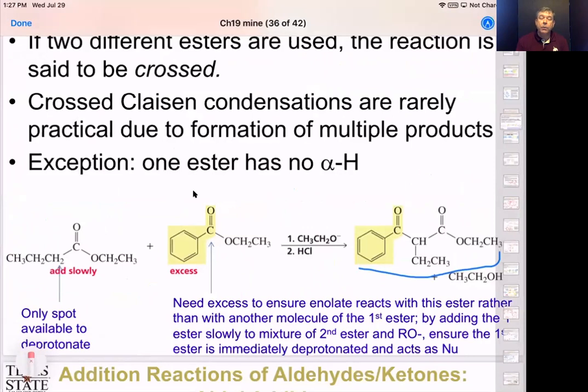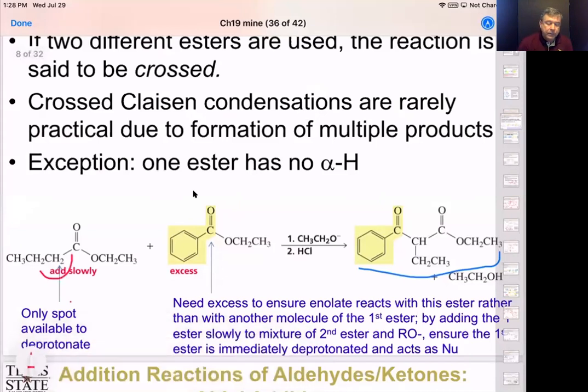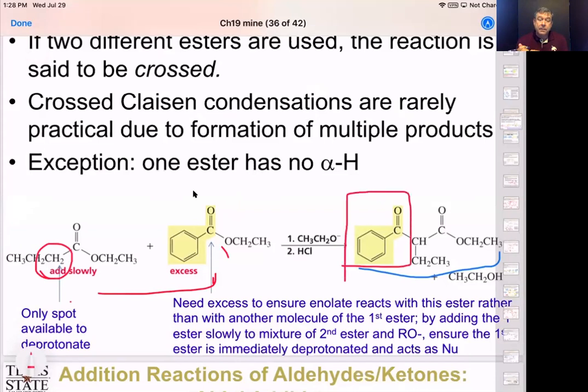Which means you must form the enolate from the one species, the one that has alpha hydrogens. Okay, there we go. So our enolates always form with the one with alpha hydrogens, and it always attacks the other one, okay? Which means the one without alpha hydrogens is the one that turns into the ketone, always. The one with the alpha hydrogens remains as the ester. The one without the alpha hydrogens turns into the ketone.